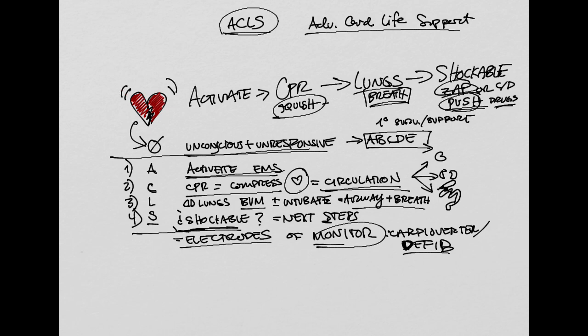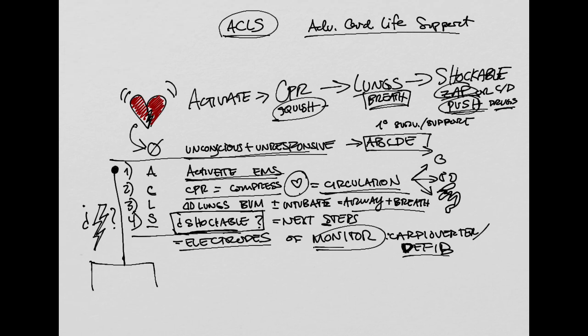Okay? So before we get there, we're going to talk about the fork in the road of where we get to shockable, right? So we're going down this path of ACLS, and we have to remember this is the path of whether or not we're going to shock or not, right? To shock or not to shock, that is the question. And so we get to the crossroads here, and we say, what is it going to be?